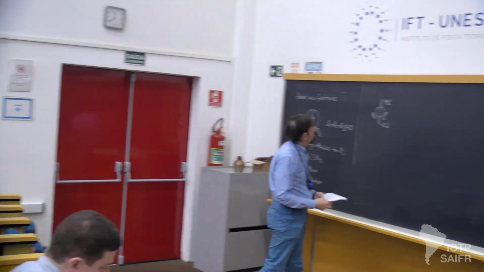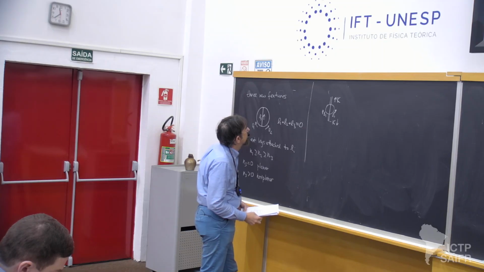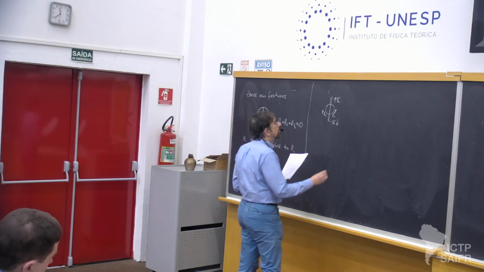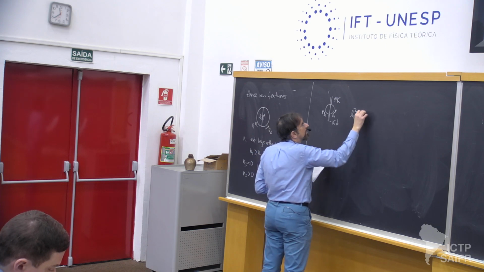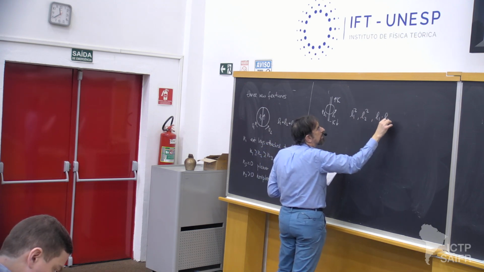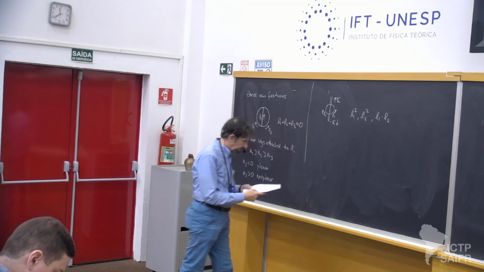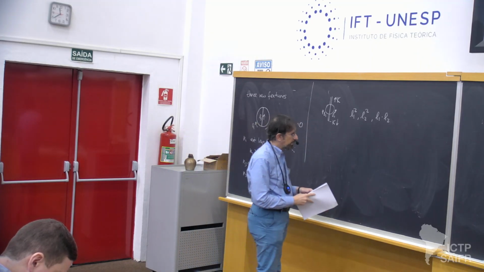So let's count the number of independent invariants involving the loop momentum. First of all, of course, we have L1 squared, we can have L2 squared, and we can have the dot product of the two loop momenta. But there's more. These are the ones that are quadratic.